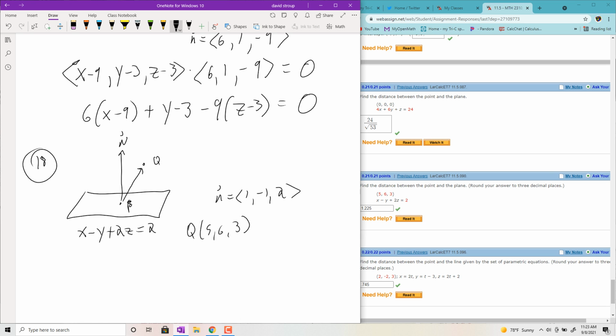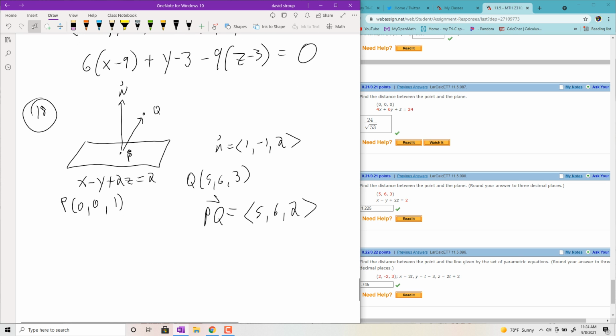So you could substitute in 0, 0, and then you would have 2z equals 2, so z would equal 1. Okay, so you can make that your P and get a PQ vector. And PQ would be 5, 6, 2. And then the distance is the magnitude of the projection of PQ onto the normal vector, right? So that would just be the scalar out in front of the unit normal vector in this case.